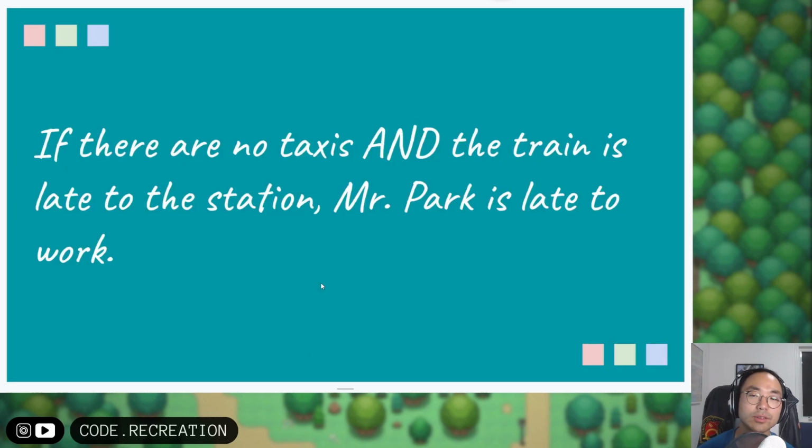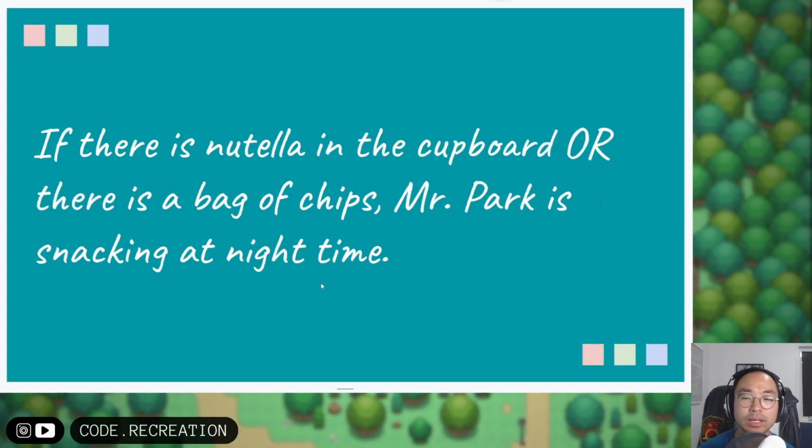So here's an example. If there are no taxis and the train is late to the station, Mr. Park is late to work. That means if both of those statements on the left and right of the and are true, am I late? As long as one of those statements is false, I won't be late to work. Next, if there's Nutella in the cupboard or there's a bag of chips, Mr. Park is snacking at nighttime.